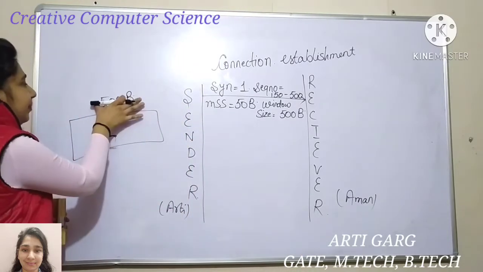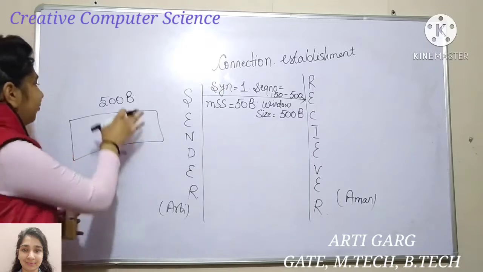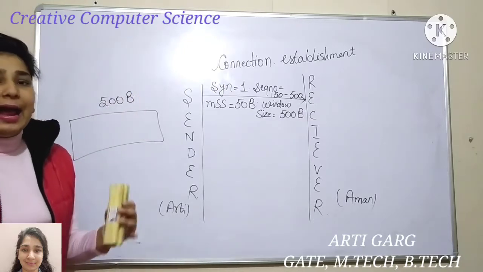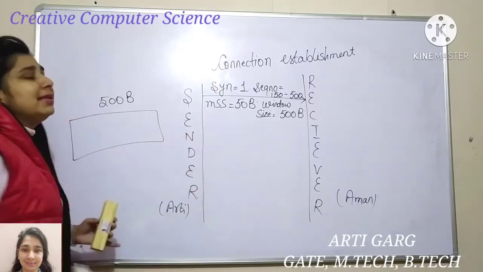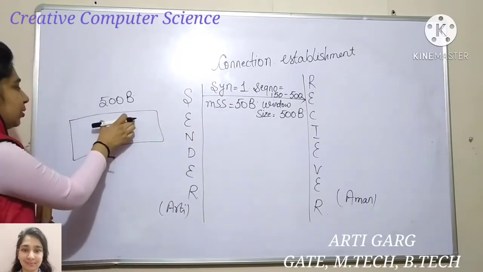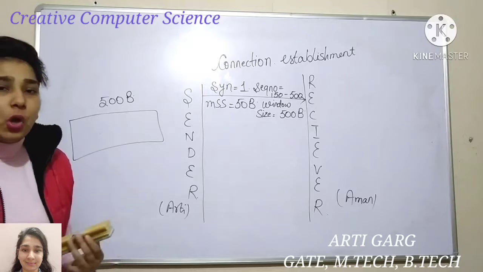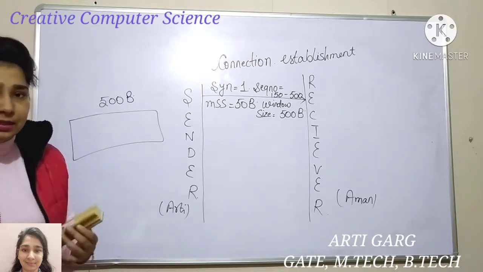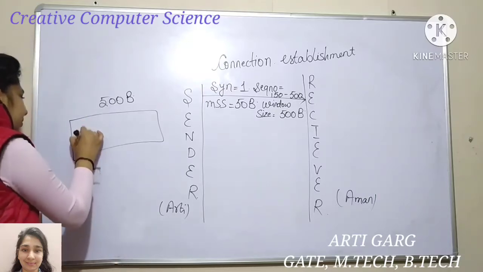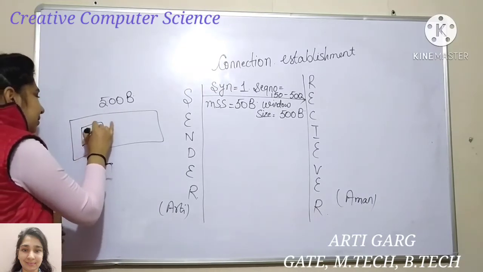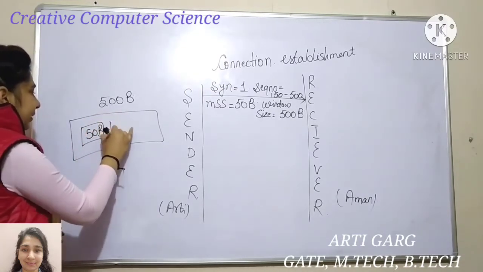I can accept a maximum of 500 bytes at one particular point of time. This buffer is going to store segments, and my one segment size is 50 bytes.